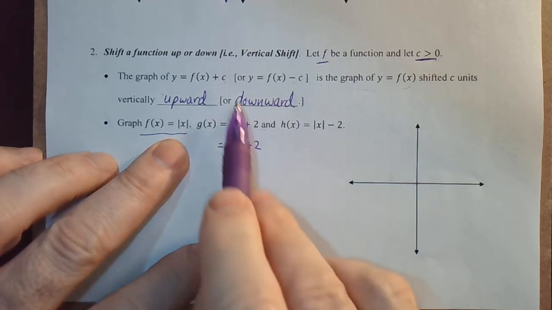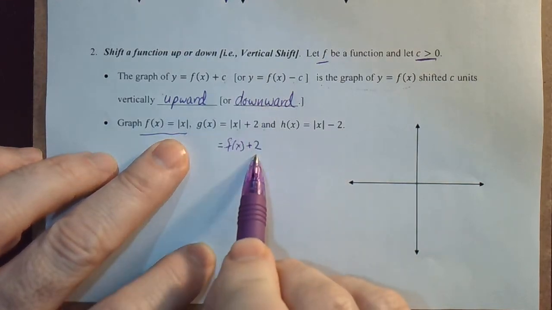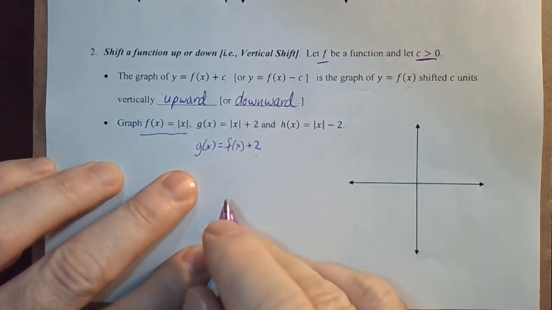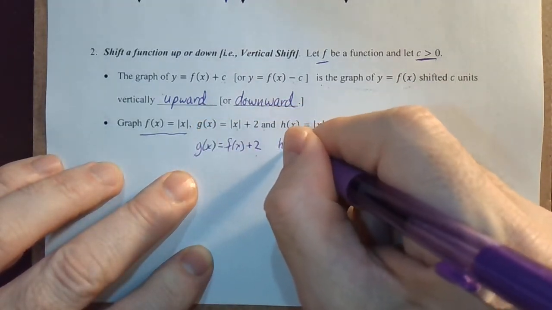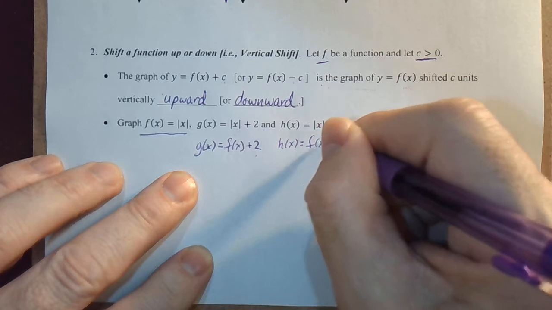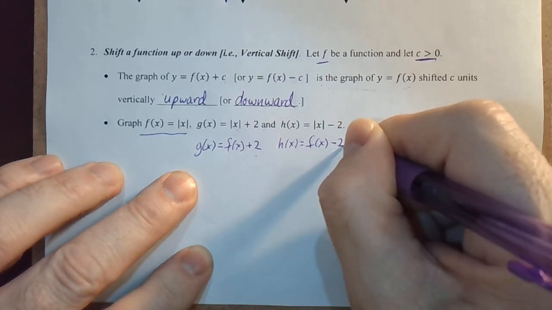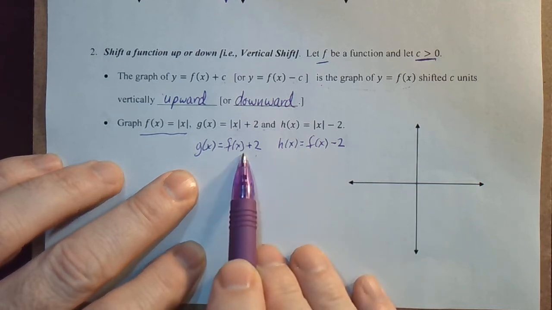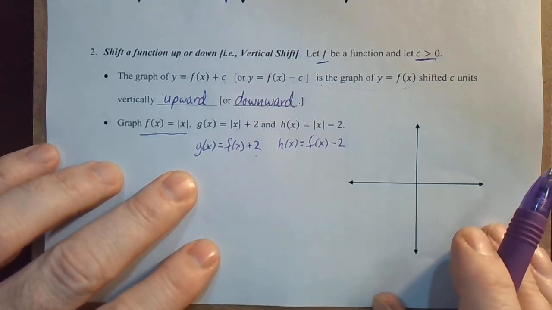So this would be like having the c value being a 2. And then h of x would be equal to f of x minus 2. Because we're able to relate g and h to f, we can use transformations of functions.